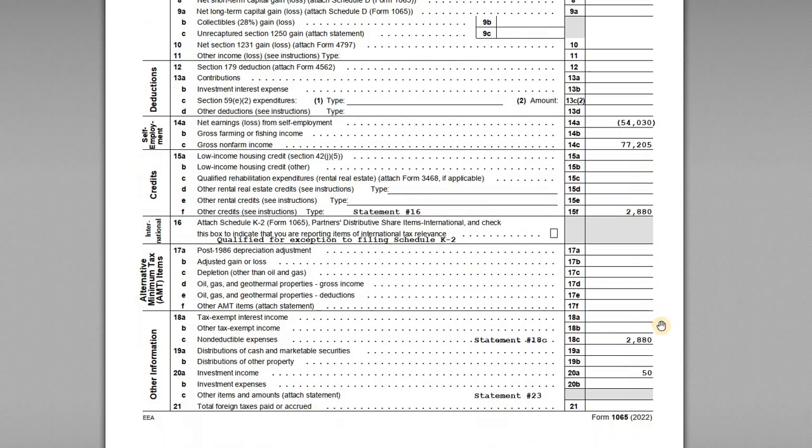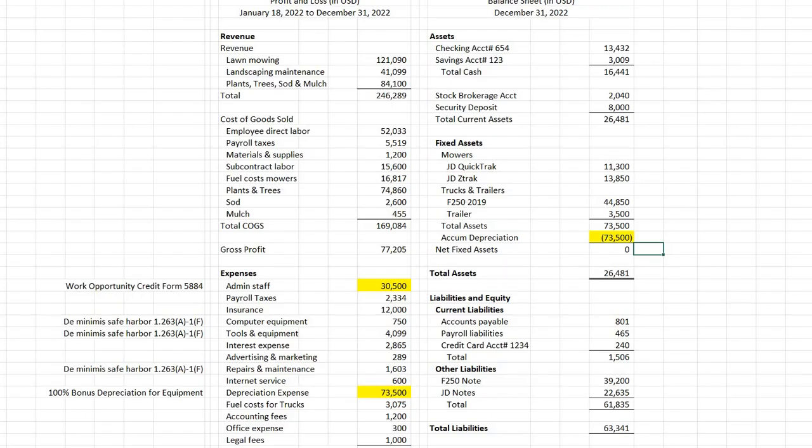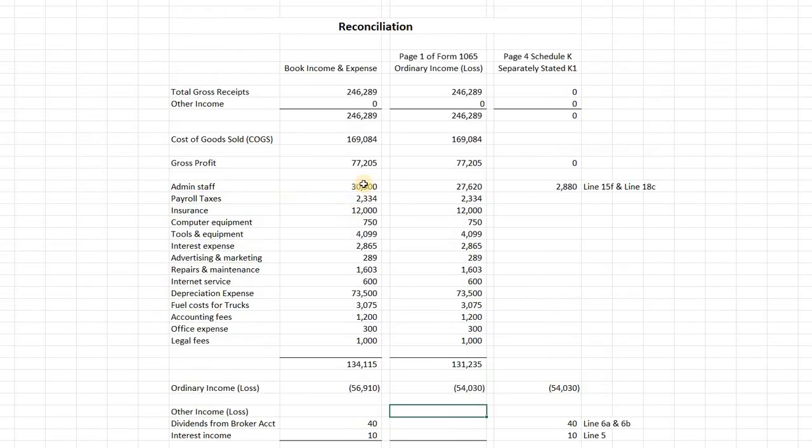Now remember, when we looked at the financial statements, we had an adjustment to our salaries expense for the credit amount. The amount that we actually paid per books is $30,500, but the amount that we're deducting on page 1 of the return is reduced.